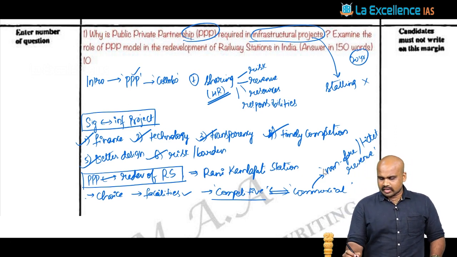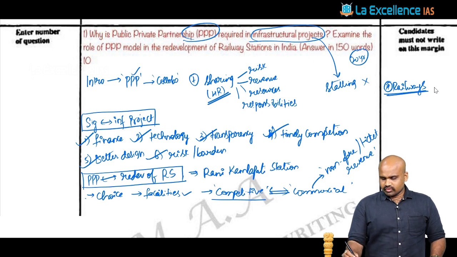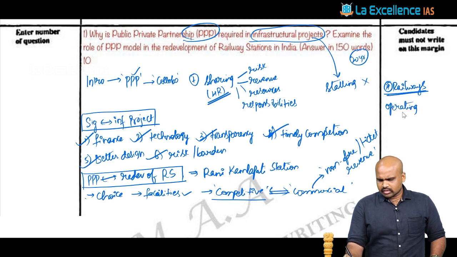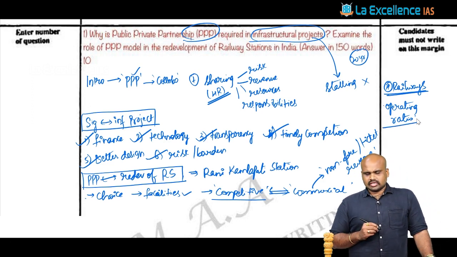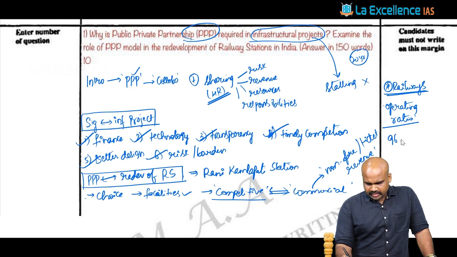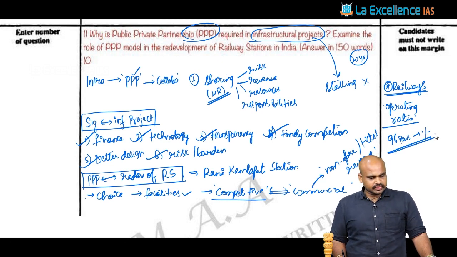Because one aspect especially with respect to railways in India is the phenomenon of the operating ratio. The operating ratio of Indian railways is around 96%, which means we need to invest 96 paisa to get 1 rupee. As per the CAG report, that is very, very high.